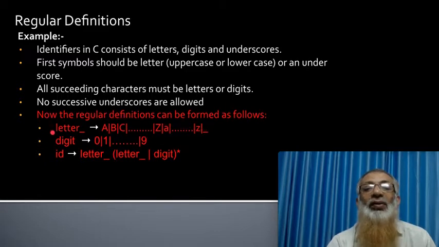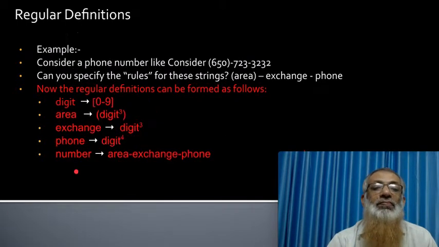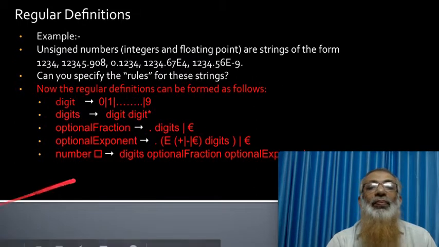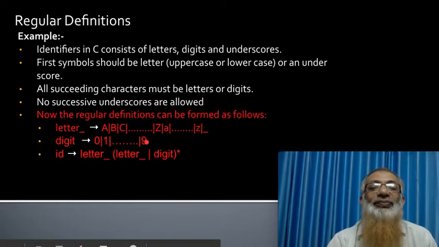A or B, C, etc., underscore, letter_. Now, to represent digits, we have one more regular definition. Right hand side of this definition is again a regular expression. It indicates the presence of digits. All possible digits are given here.